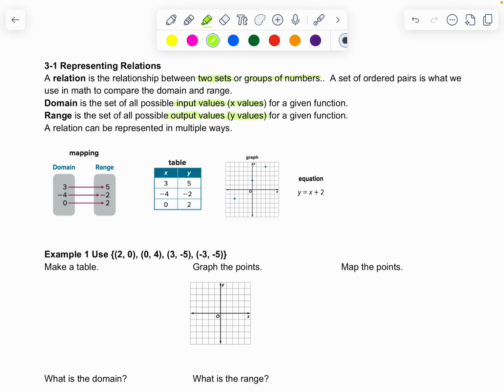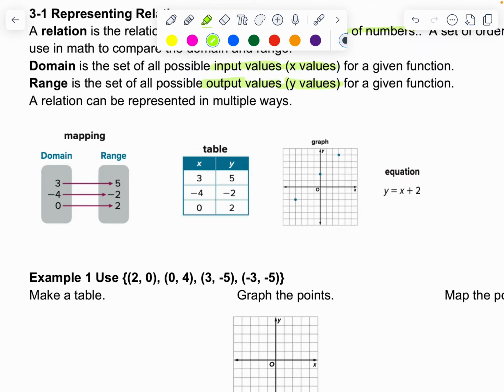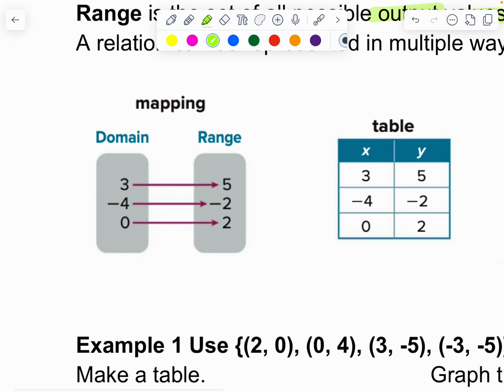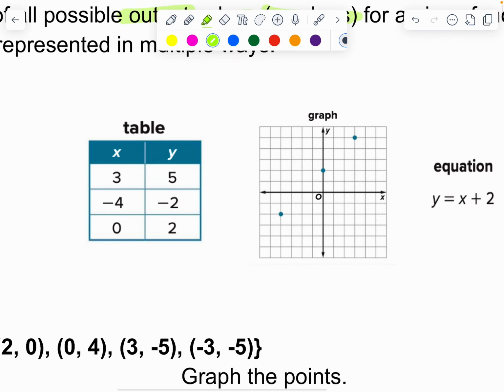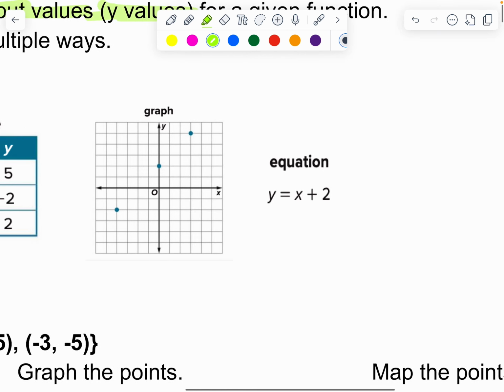A relation can be represented in multiple ways. We can have mapping, where the domain is on the left and range is on the right. How do I know that the first one is the domain? Because if you look at this arrow, it points towards the range. The table: the x's are on the left, the y's are on the right.